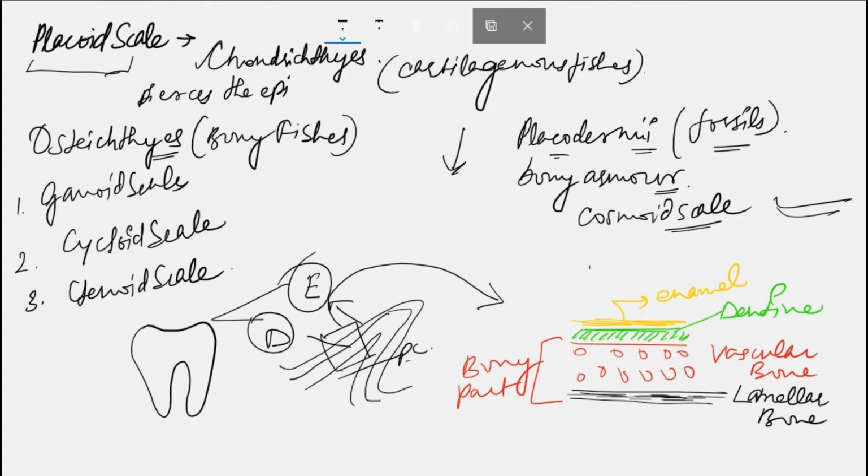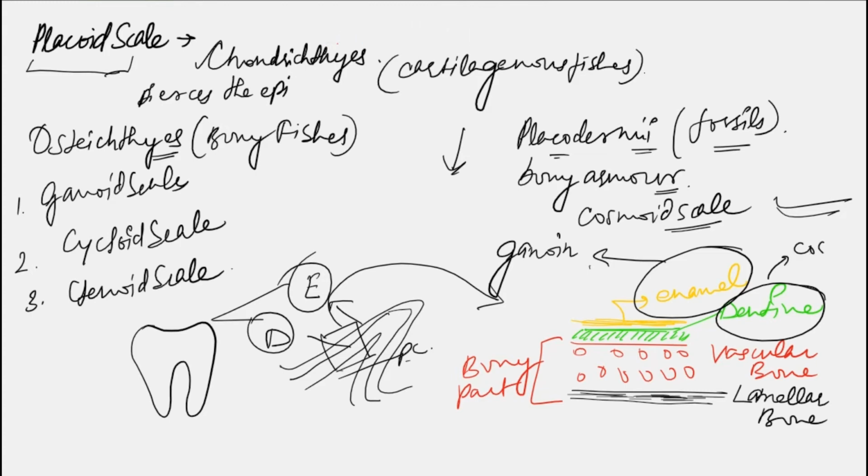So in the case of the scale, enamel is called by another name, ganoin, and the dentine part is called cosmine. The terms used are different because they are chemically different; the chemical composition of this enamel and dentine is different from that of the tooth.